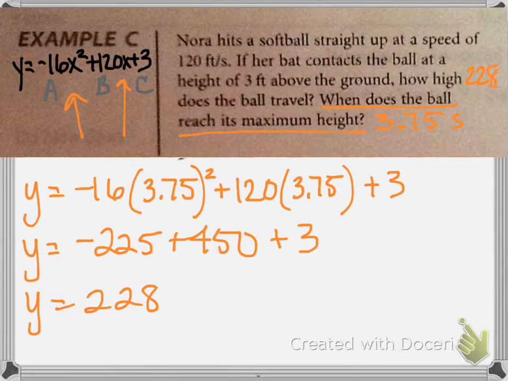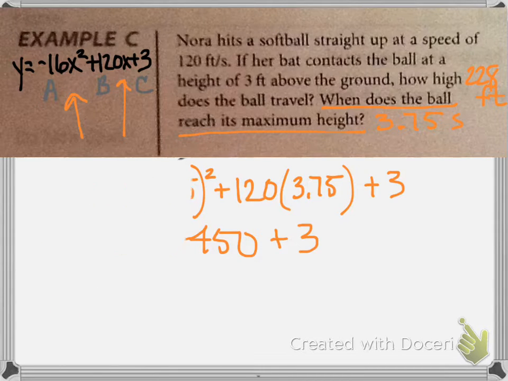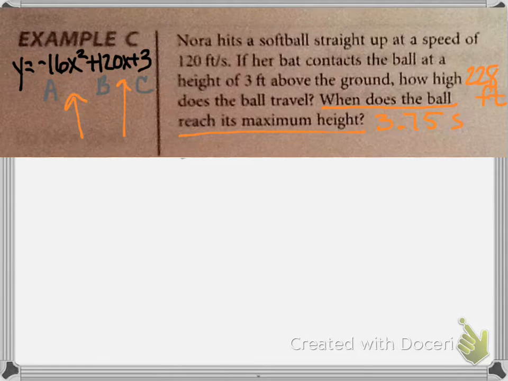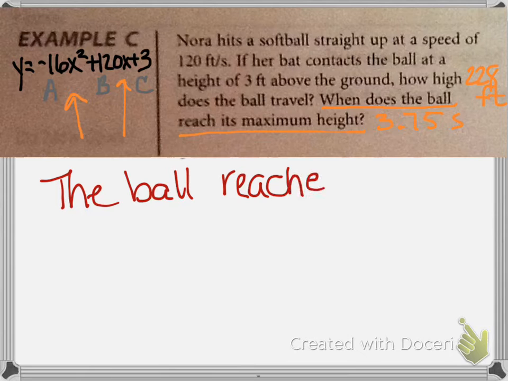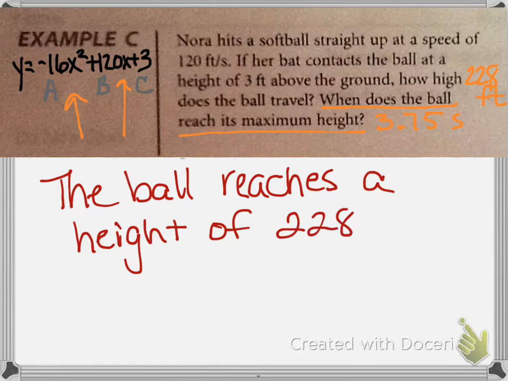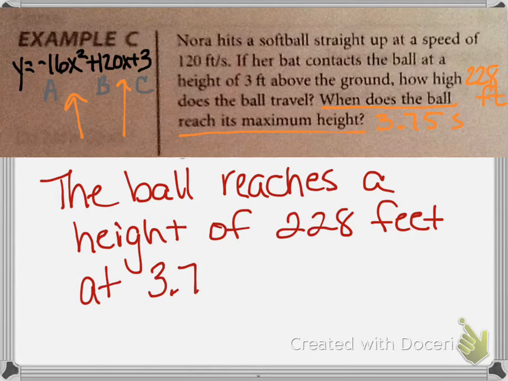So 228 feet. Because this is an open-ended real-world application problem, my solution should have a thoughtful, written out sentence. So the ball reaches a height of 228 feet at 3.75 seconds.